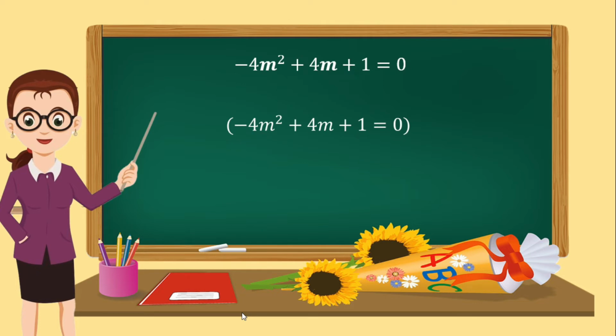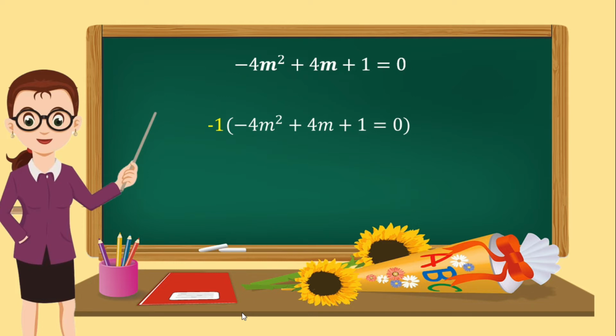Another is negative 4m squared plus 4m plus 1 equals 0. We can see that the equation is in standard form and has complete terms, but the first term, or a, is negative. Based on the note that in standard form a should always be a positive real number, we will make it positive. To do so, we multiply by -1. So we have -1 times negative 4m squared plus 4m plus 1 equals 0.